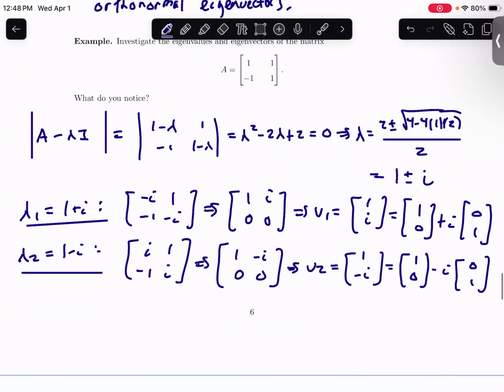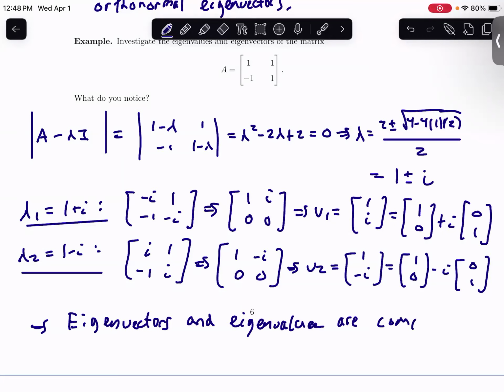And so what we end up finding is that the eigenvectors and eigenvalues are complex conjugates. This is something we'll talk about more later on. Right now, I'm not going to ask you to do things with complex eigenvalues or eigenvectors on the exam.